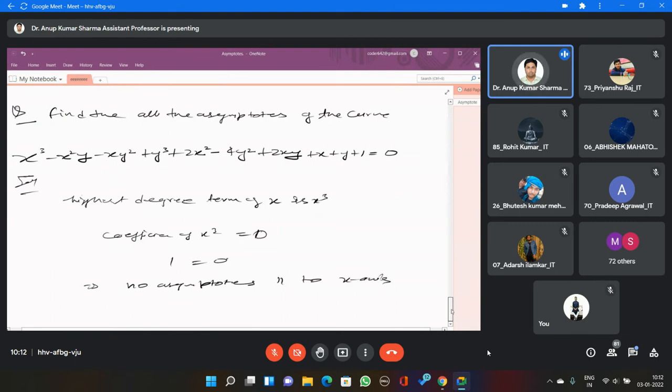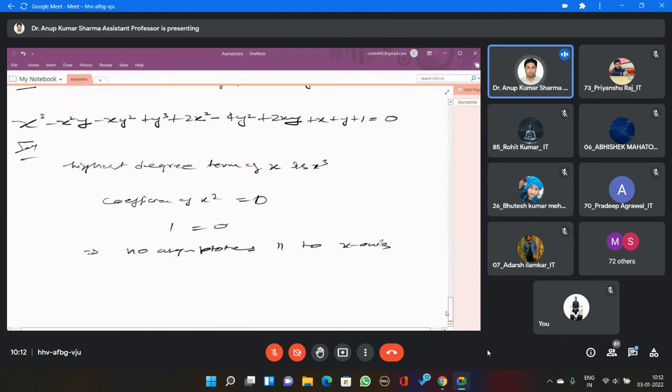x-axis. Okay, while solving the problems you should write these things. Okay, no asymptotes. In a similar manner, if you are getting the highest degree term is y cube and no other, the same thing again.